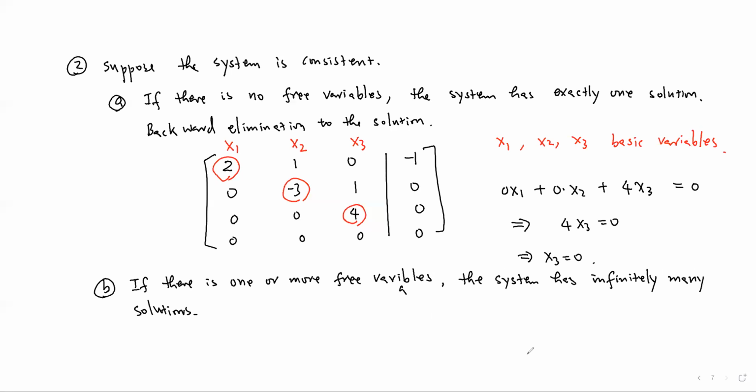Why? When there is a free variable, I can arbitrarily give values to the free variable. So the linear system has infinitely many solutions.